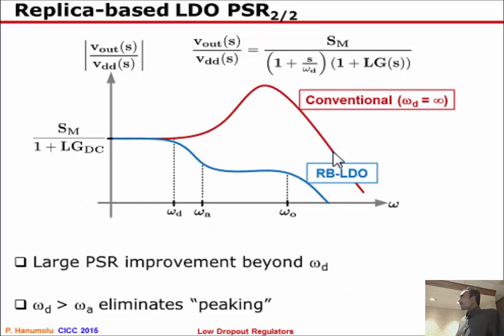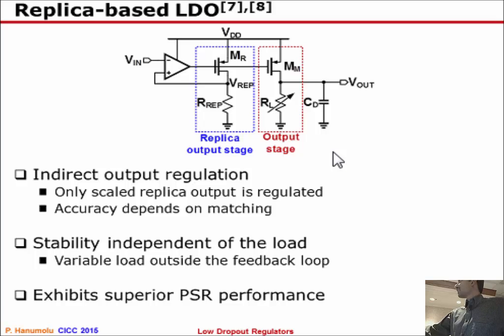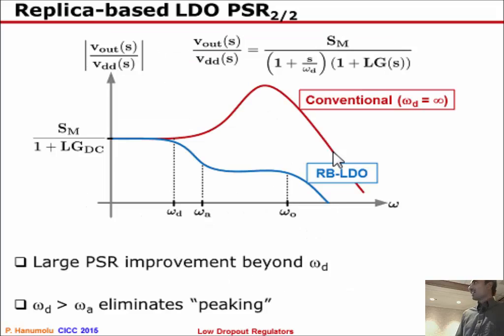So now what happens is, if I have the ability to choose the newly added pole at this node, which is RD, whatever is the impedance at this node times CD, at very low frequencies, lower than the amplifier, the LDO dominant pole, then what I end up seeing is that for frequencies beyond omega D, the output pole or the output capacitance CD is going to shunt all the noise current, so your rejection actually improves.